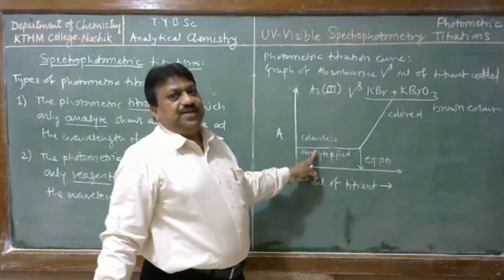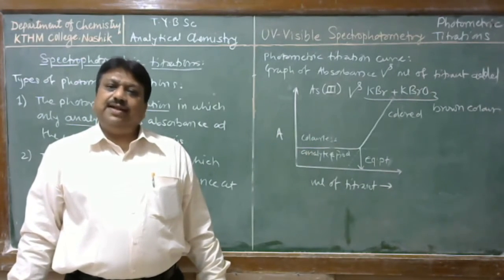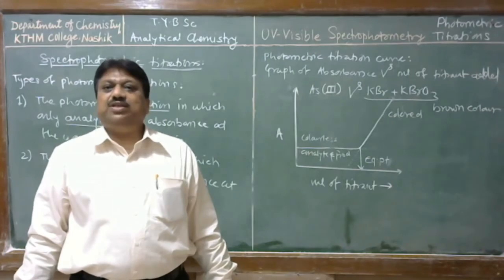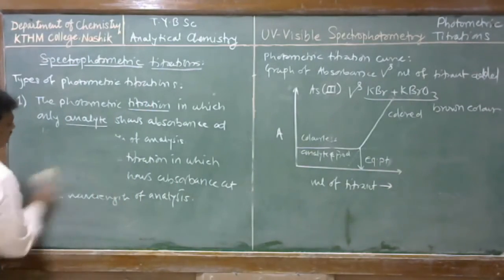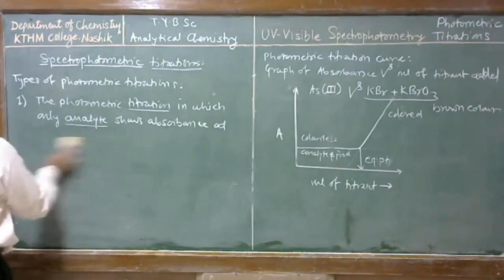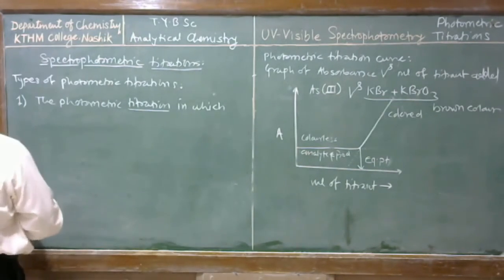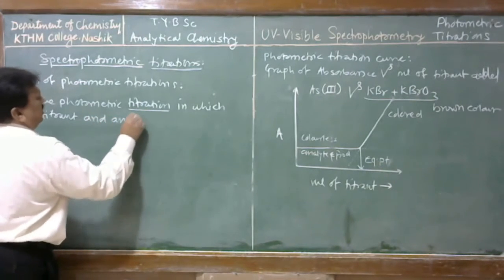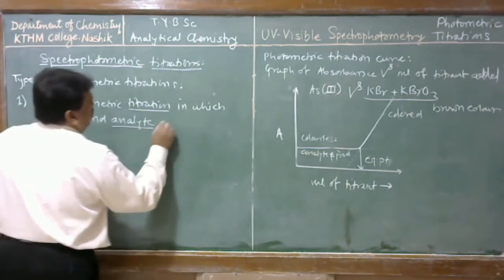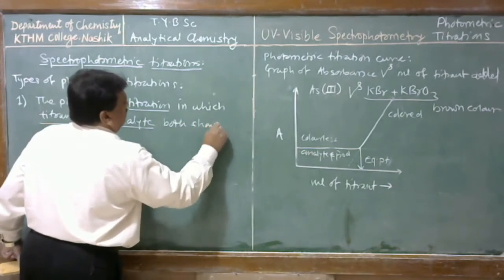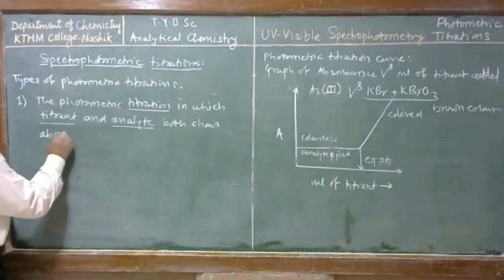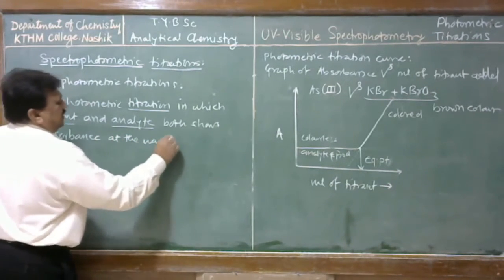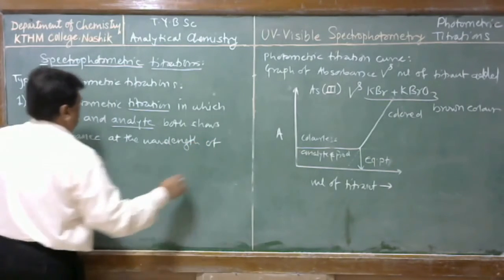Now the third type of titration is one in which both analyte as well as reagent show absorbance, while the reaction product does not show absorbance at the wavelength of analysis.